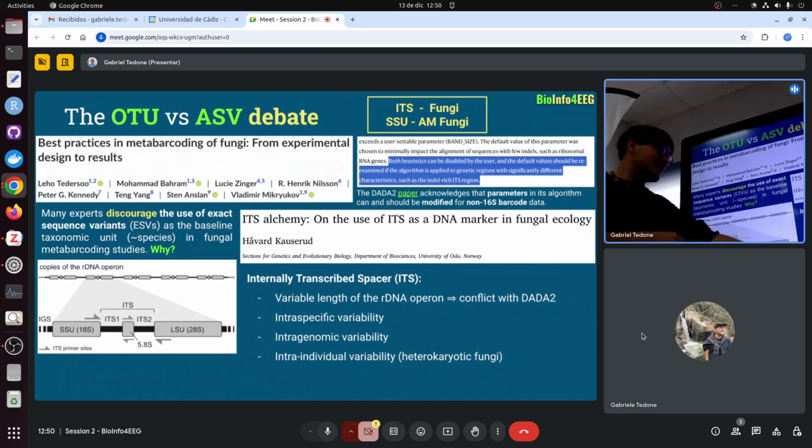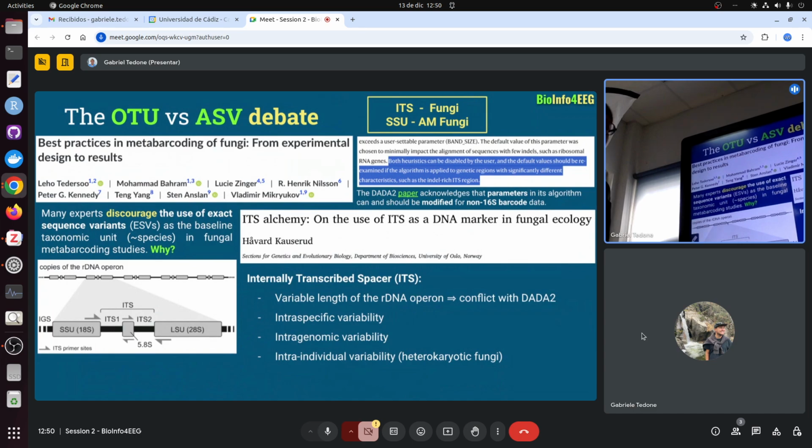There's also intragenomic variability, which means within the same genome there's also variability, and there's also high intra-individual variability, meaning some fungi have multiple nuclei, multiple copies of their genome, and there's also variability in that. And as well, this operon is repeated in the same genome. So this is what the intragenomic variability refers to.